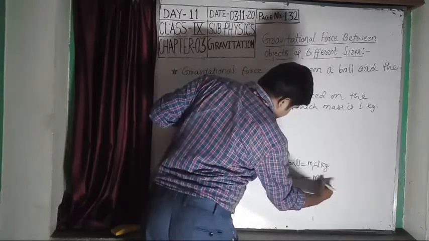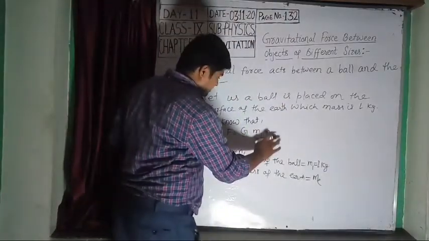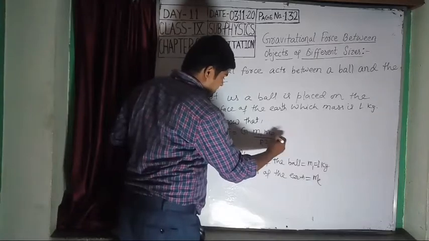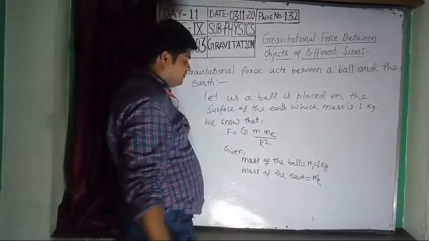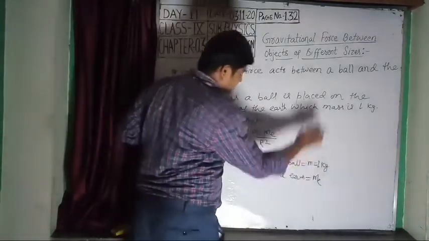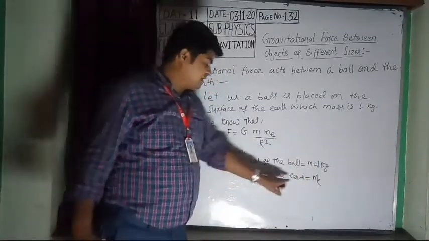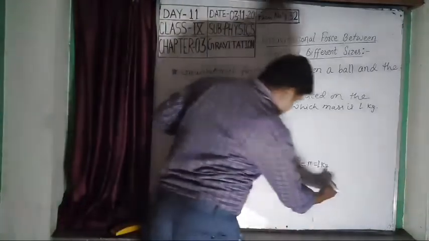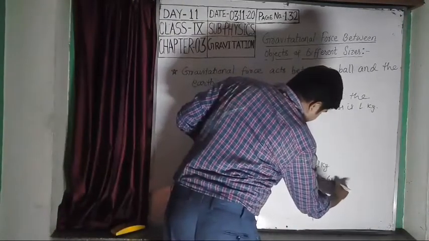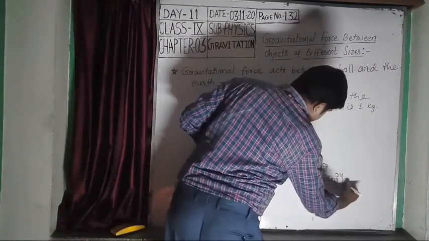So correct it here in the formula, this is me, and say mass of the ball is m. Mass of the ball m is equal to 1 kg, and mass of the earth me is equal to 6 into 10 to the power 24 kg.